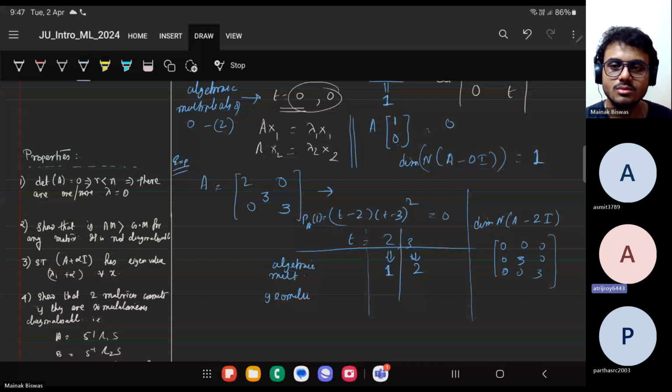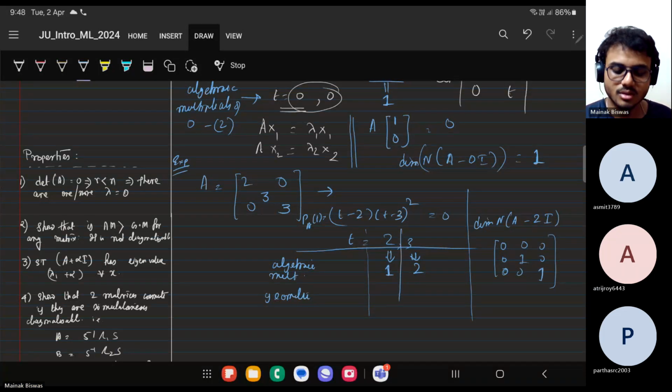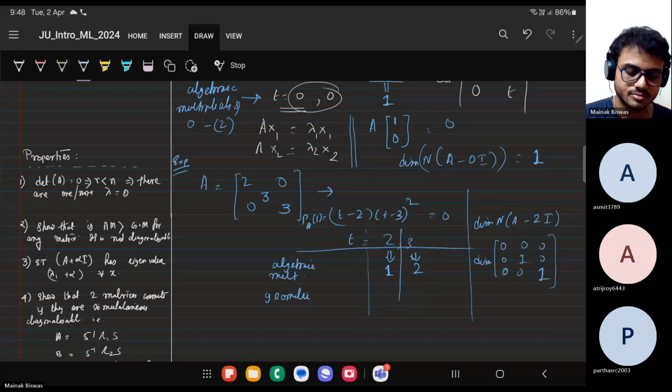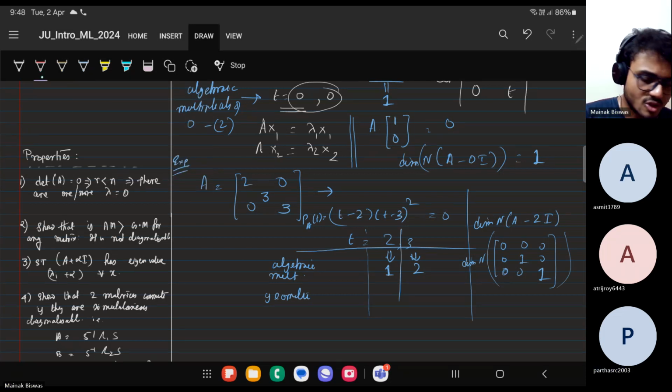I was asking what is the dimension of this matrix? Dimension is 3. The dimension of the null space is 1.